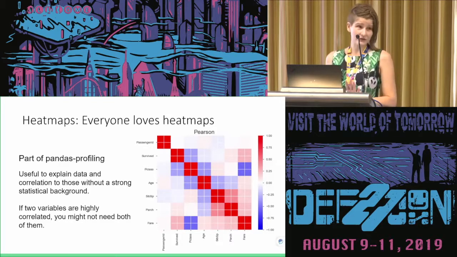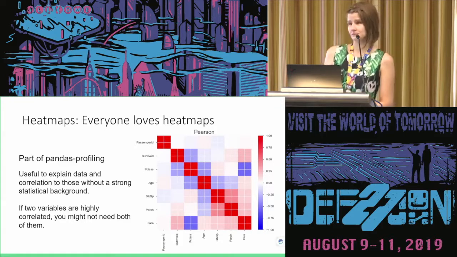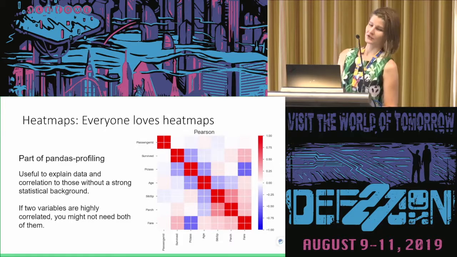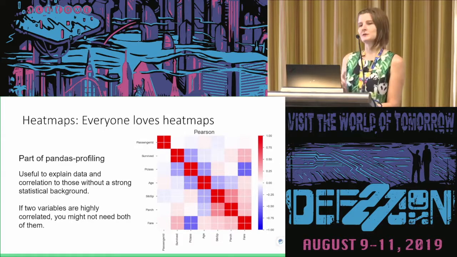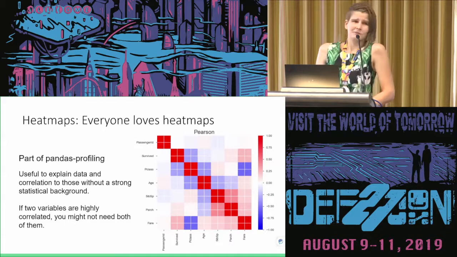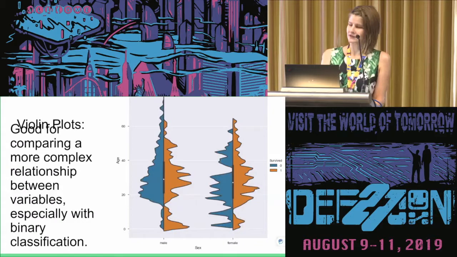So I am a fan of heat maps. I realize that not everyone might be, but I do find value in them. And it's also part of pandas profiling, so you get one of those without having to really do any extra analysis.